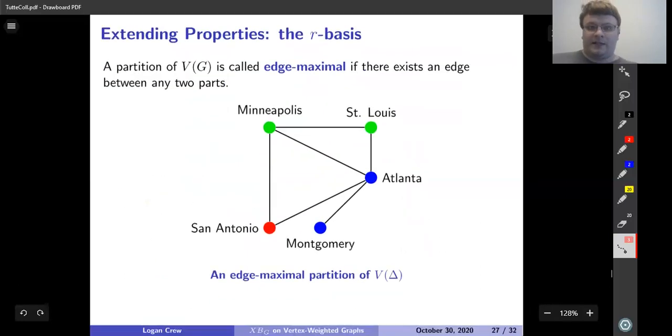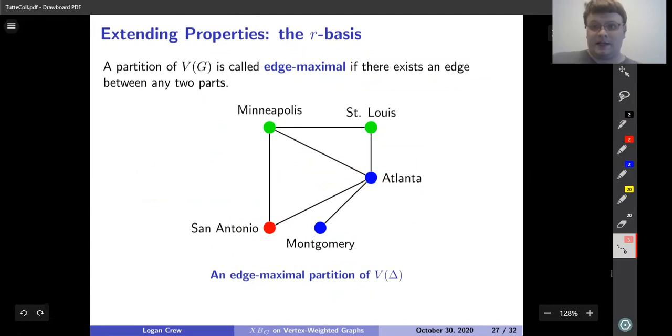And there's one other basis that we've studied, and this is the R basis, the one of complete multipartite graphs brought in by Penaguiao. To explain what this does, we define a partition of the vertex set into different classes to be called edge maximal if there's an edge between any two parts. So this is a partition of our graph into 3 parts represented by the colors. And notice that the red part is connected to the green part by an edge, and it's connected to the blue part by an edge, and the blue and green parts are connected by an edge.